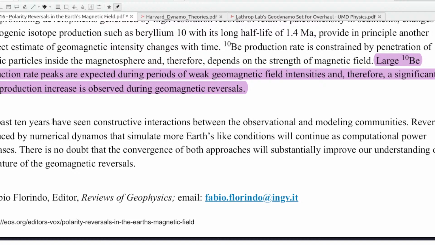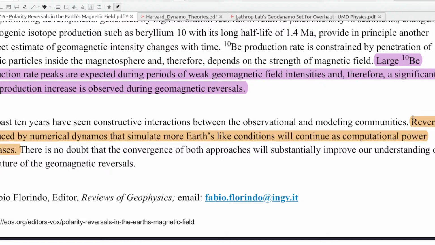The past 10 years have seen constructive interactions between the observational and modeling communities. Reversals produced by numerical dynamos that simulate more Earth-like conditions will continue as computational power increases. Ain't that the truth?